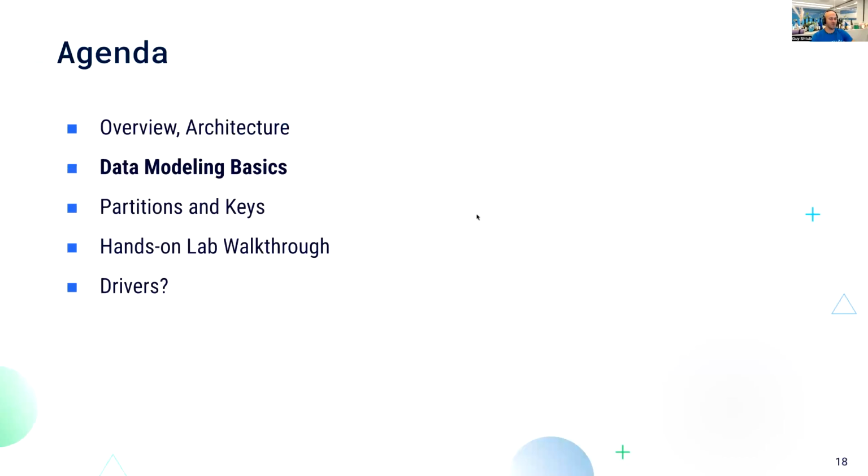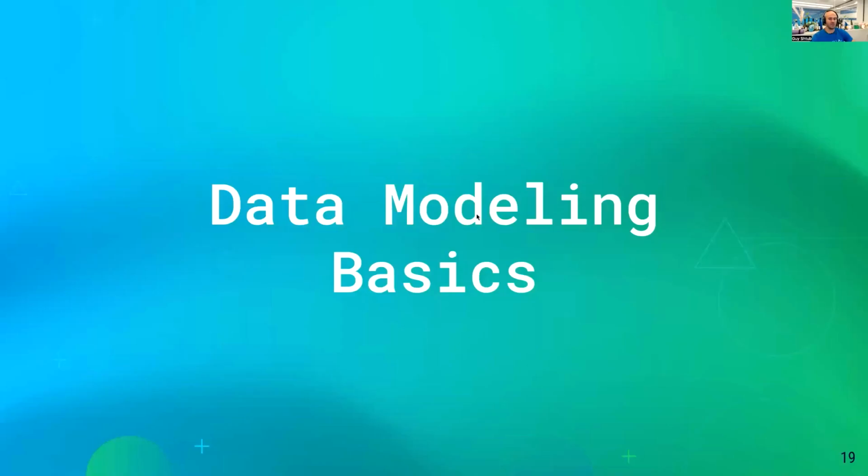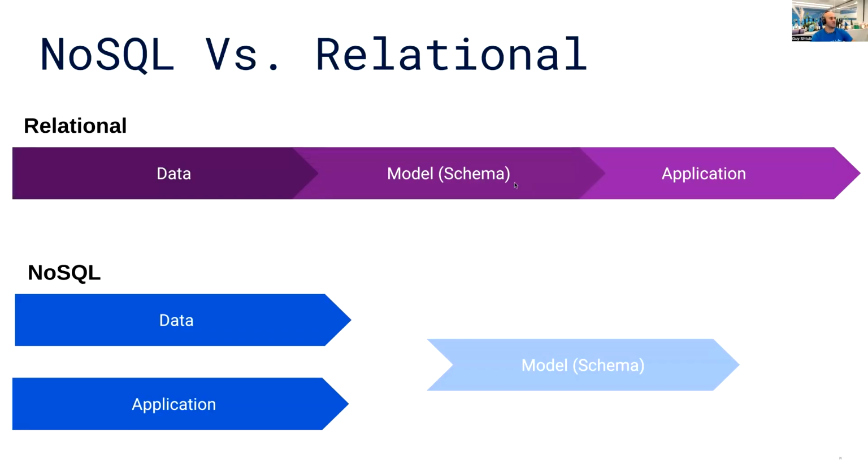Moving forward, let's dive deeper into the basics of data modeling. So this slide compares NoSQL data modeling to relational or SQL data modeling. And I use it just because a lot of engineers have a background in relational databases.